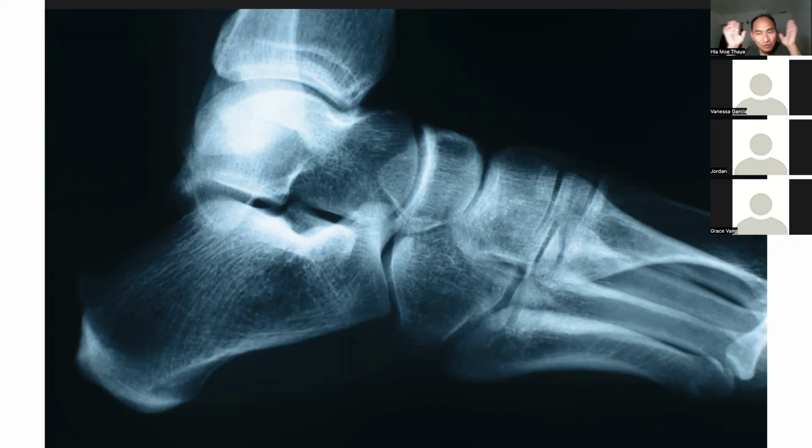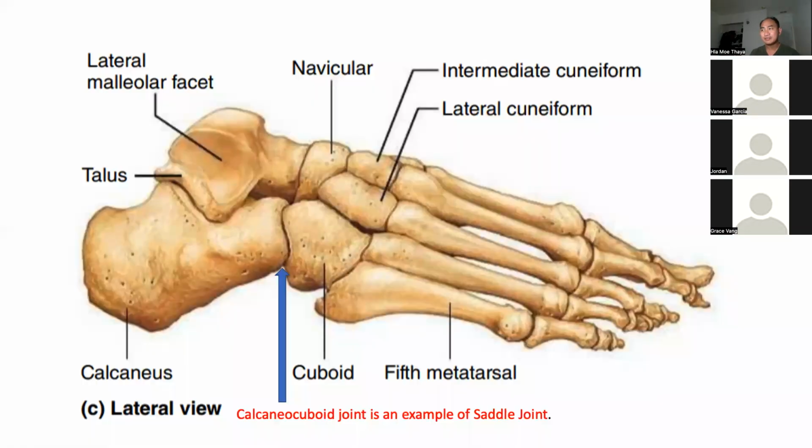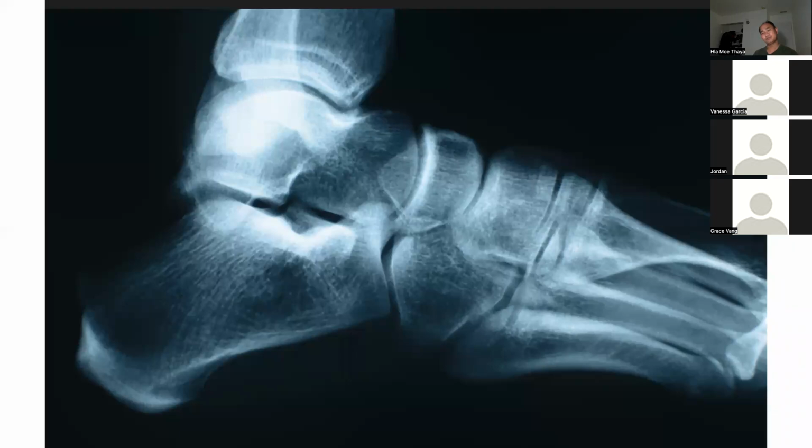I want you to compare the X-ray and the diagram. This X-ray and this diagram are the same. We have the calcaneus, the talus, navicular, cuneiforms, and cuboid. So that is what we are going to see on this X-ray.